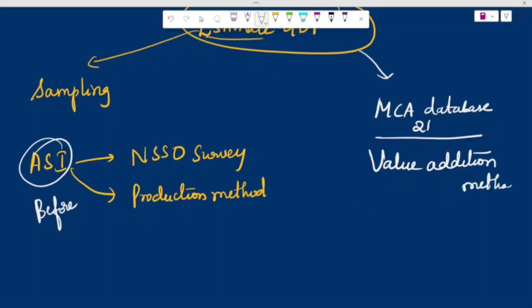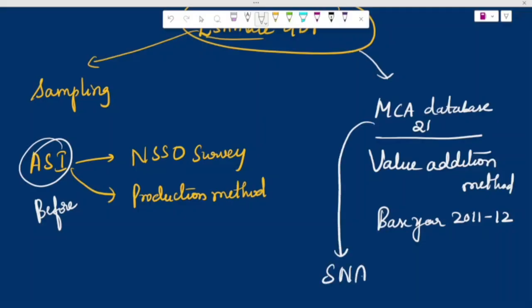The base year for that was 2011-12. And this MCA database is System of National Accounts compliant. The System of National Accounts is given by the UN, right?